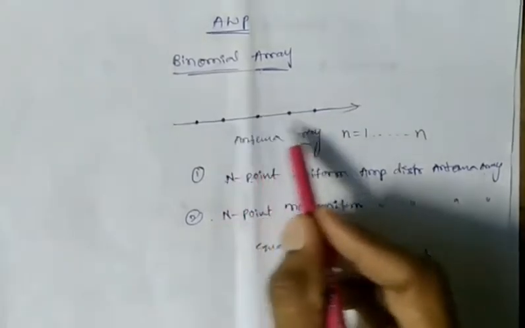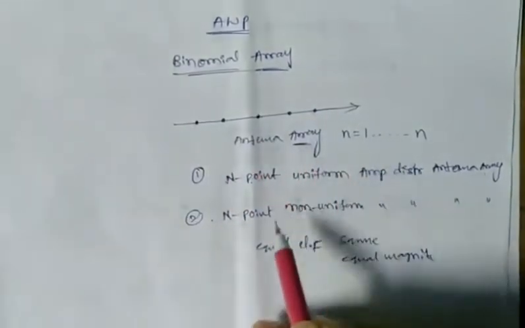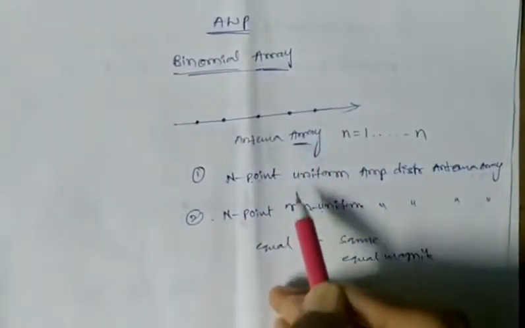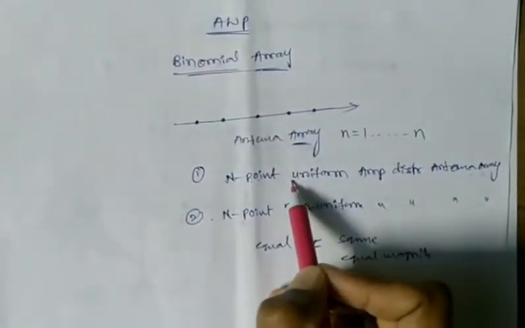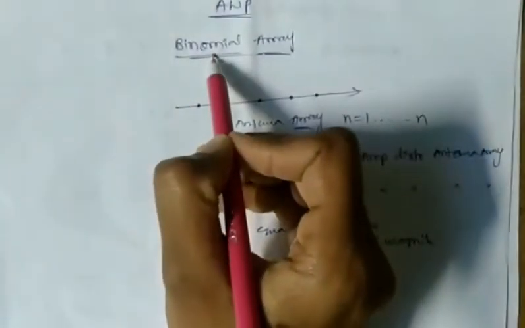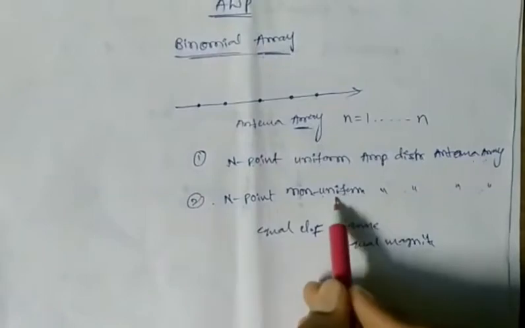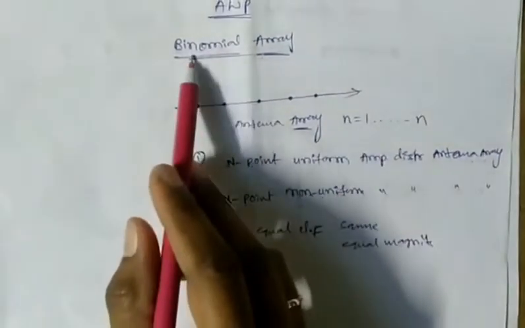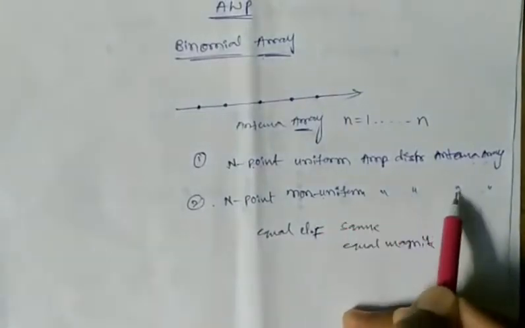All the elements carry currents with unequal magnitude here, whereas in the uniform array all the elements carry currents with equal magnitude. And the binomial array is nothing but the n-point non-uniform amplitude distribution array.